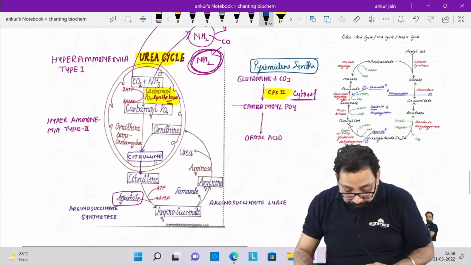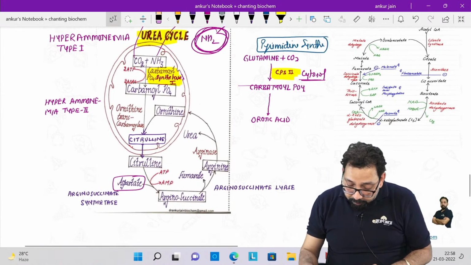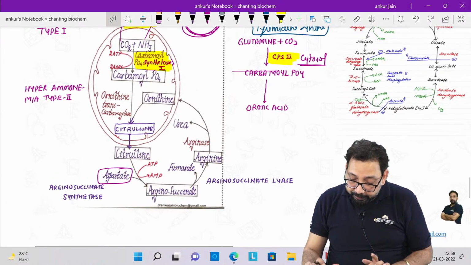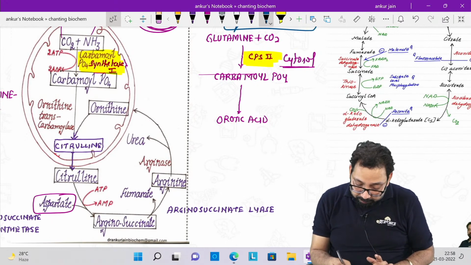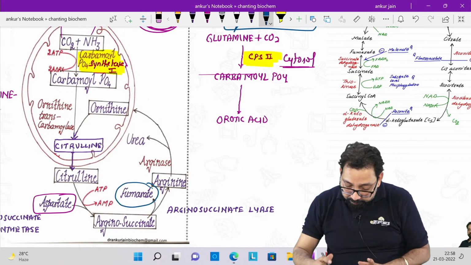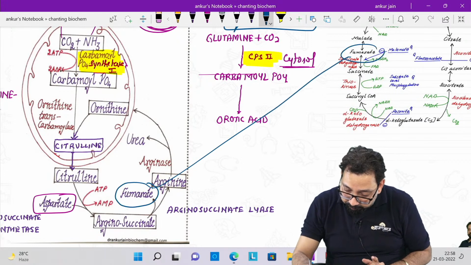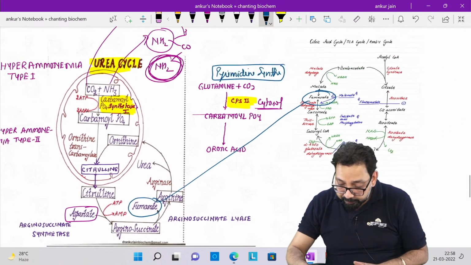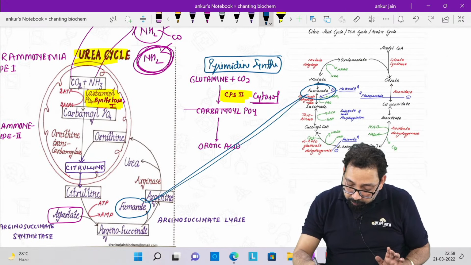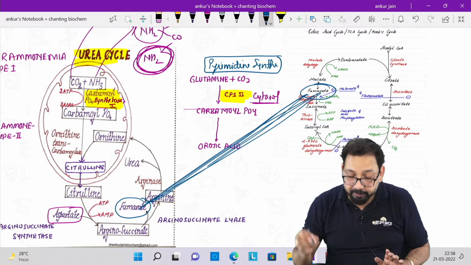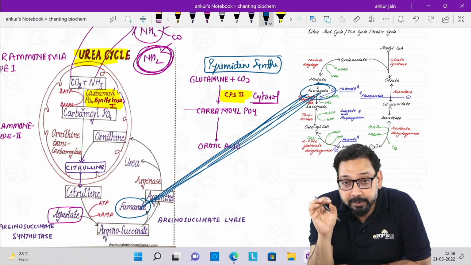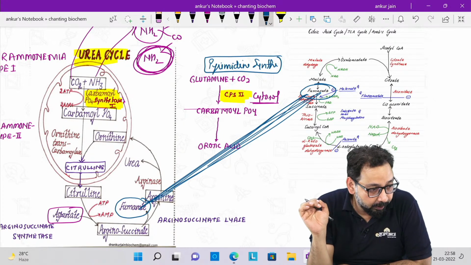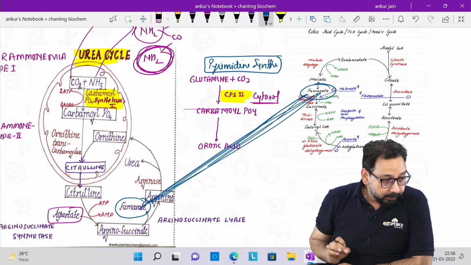Now a question was asked, connecting link between urea cycle and Krebs cycle: fumarate. Yes, fumarate is both part of the urea cycle and the Krebs cycle. Clear?